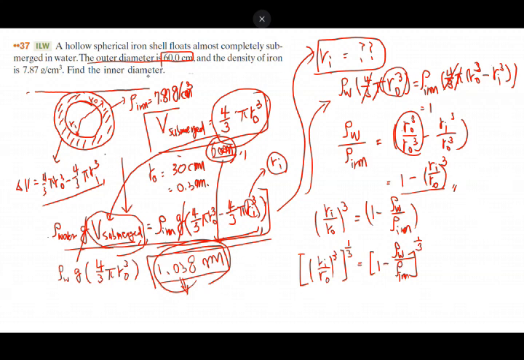The cubes cancel, and you just move R O, outer radius, to the right-hand side. Then Ri should be R O times 1 minus rho water over rho iron, to the power of 1 over 3.